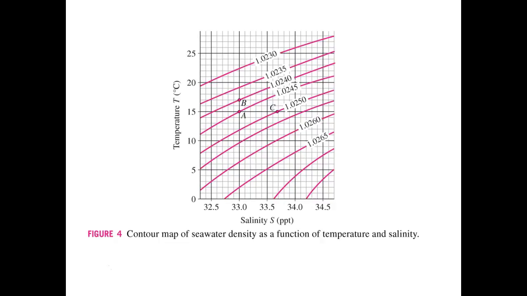So your salinity is increasing here from 32.5 to 33 to 33.5. These are parts per thousand, so not a lot of increase. Going up slowly this way. Your temperature is going up this way, 0 being the freezing point of water, 5, 10, 15, 20, 25 degrees Celsius, where 20 degrees Celsius is about room temperature, so this would be pretty warm for any seawater.